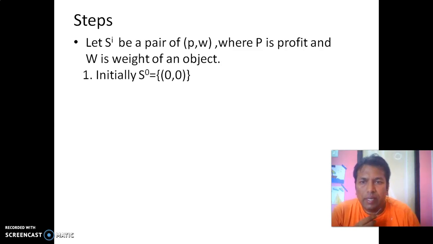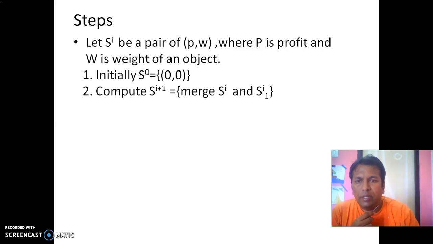Initially S^0 is given with profit value 0 and weight 0.